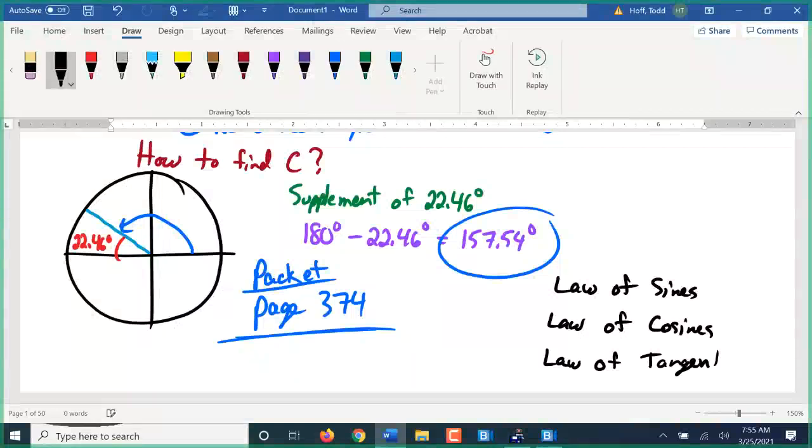There actually is a law of tangents. If we get some free time, I'll show it to you. Probably not next week. It'll probably be after Easter before I come back to it. Law of tangents is not nearly as useful as law of sines and cosines because it kind of involves creating a system of equations. Actually, it's a way to avoid doing a system of equations, but we'll take a peek at that after we're done with this unit.